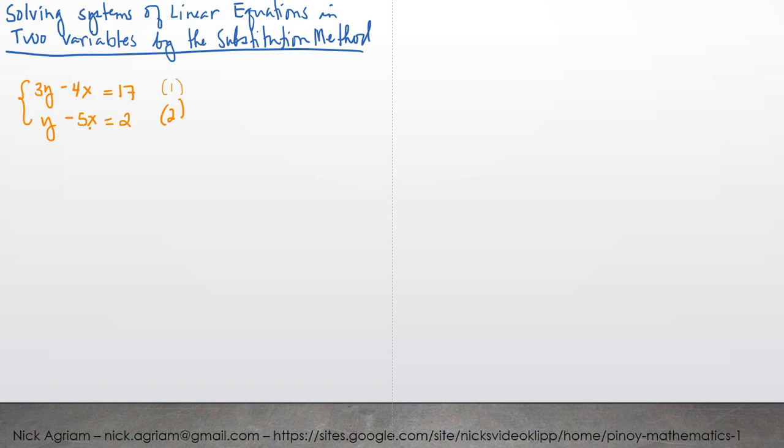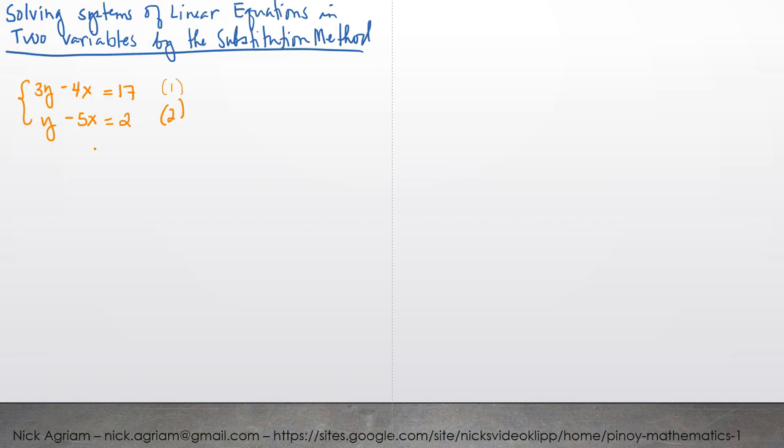For example, as you can see here, my first equation is 3y minus 4x is equal to 17. I have two variables on the left side. On my second equation, I also have two variables. What I want to do is to express one of the equations, either 1 or 2, into just one variable on the left hand side of the equation.